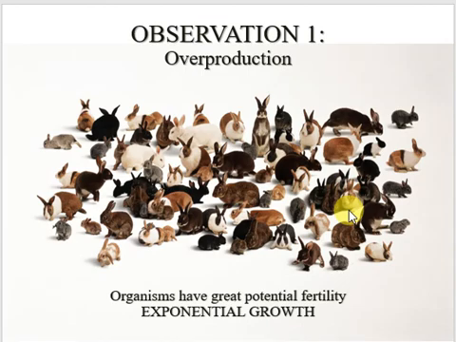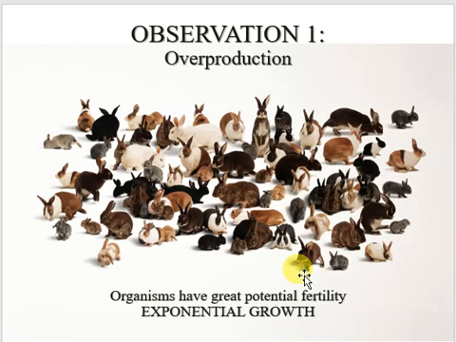What I mean by that is species fertility exhibits exponential growth. That's what enables overproduction. They have a very high potential fertility. In fact, every population has such high potential fertility that its size would continue to increase exponentially from one generation to the next if it was not constrained or left unchecked.